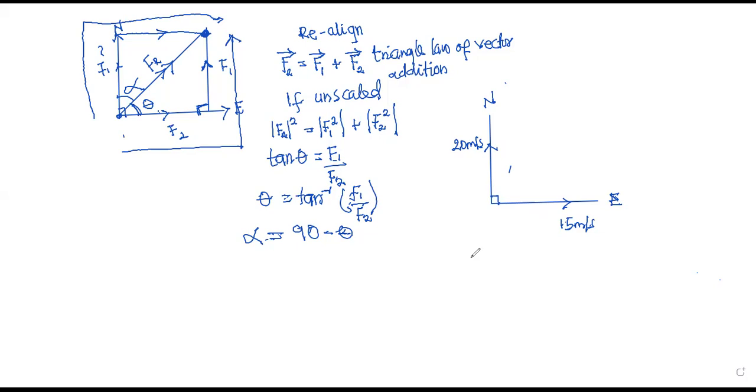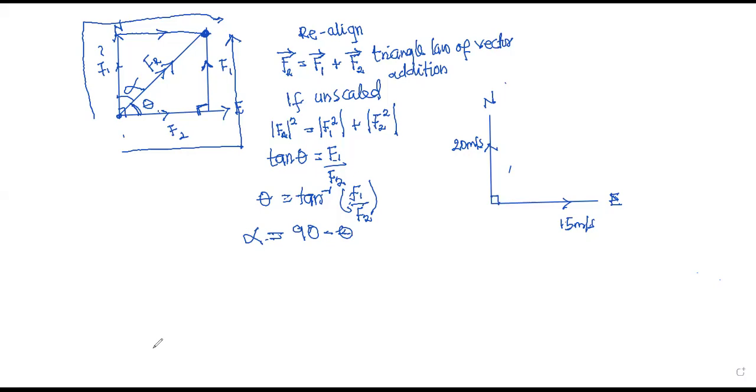All right, I think your time is up. So let's quickly go through it so you can use that to assess what you've done. Before I can determine the resultant, I need to realign their directions because this one is due north and the other one is due east.